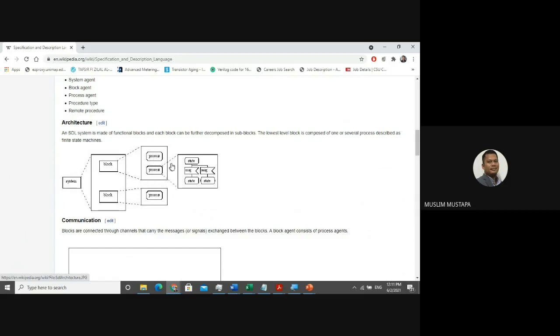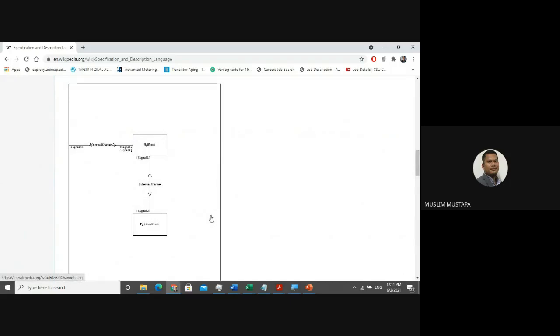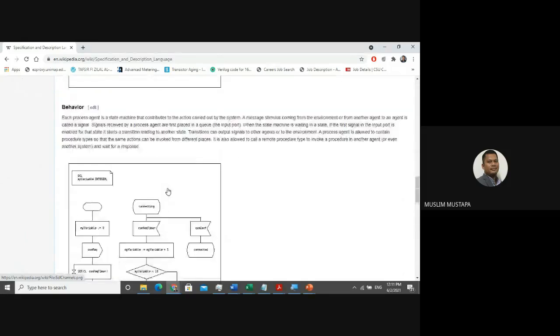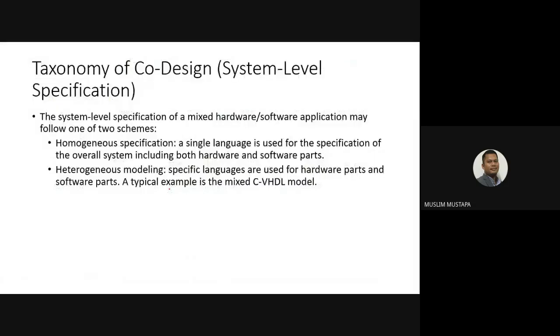In each process there are all those details. So this is the specification and description language. You're just using one language to represent both software and hardware. If you look here, there's no differentiation between the hardware and software. Everything is using one common language. That's how they do it in this homogeneous spec.